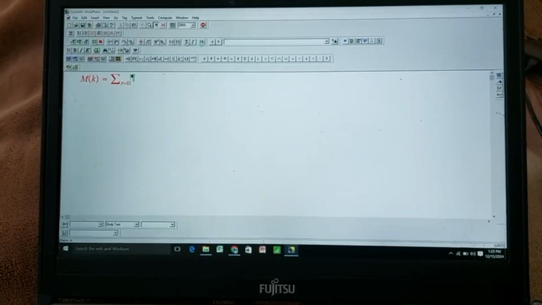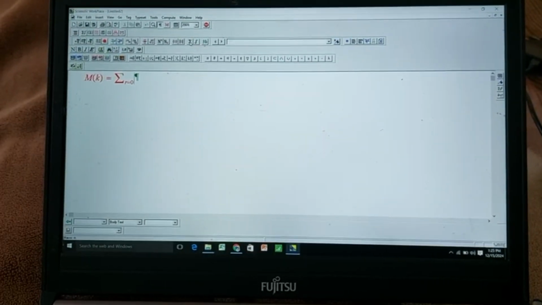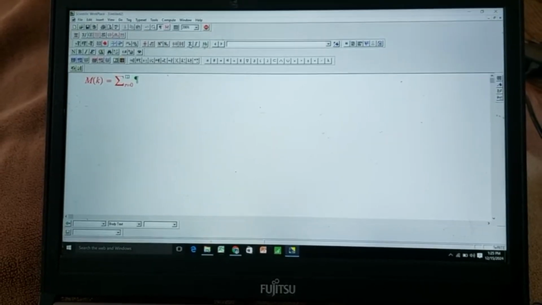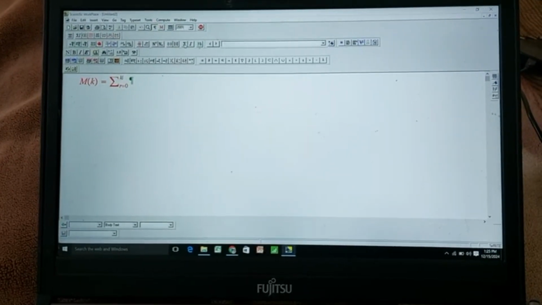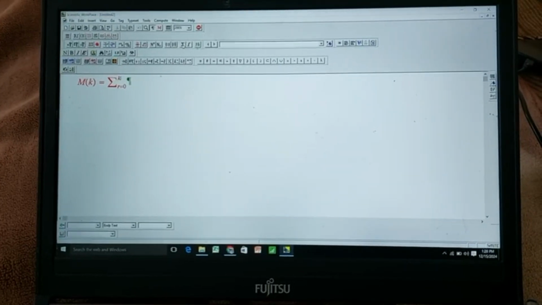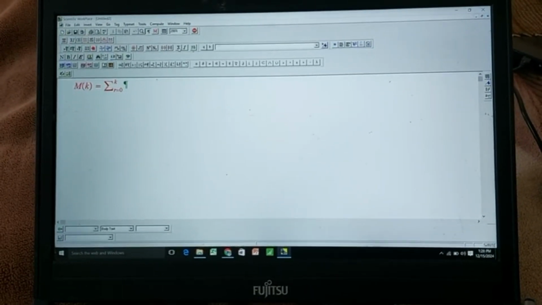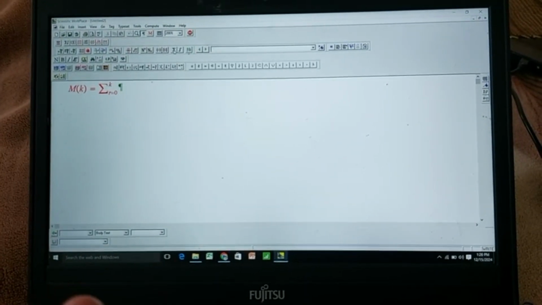I now need to write the upper limit. For the upper limit I press Control H, so it will go to the upper bound. In the upper bound I need to write only k. Then space bar, and it gets back to normal writing.